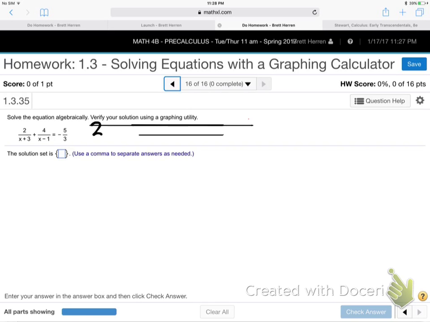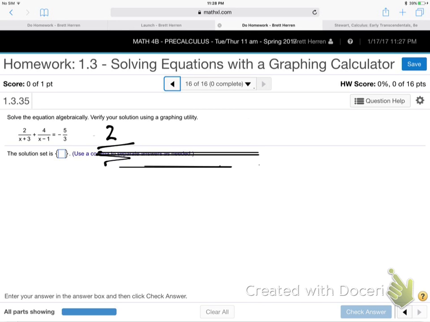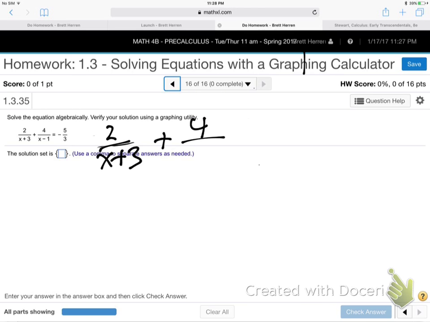So it's 2 over x plus 3 plus 4 over x minus 1 equals negative 5/3.